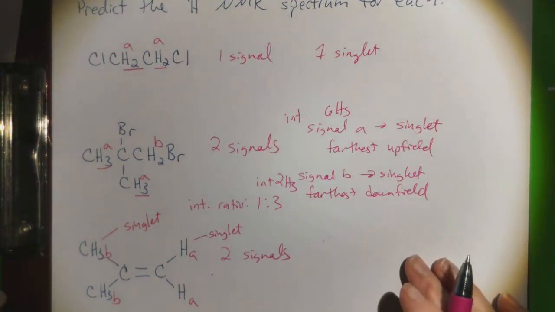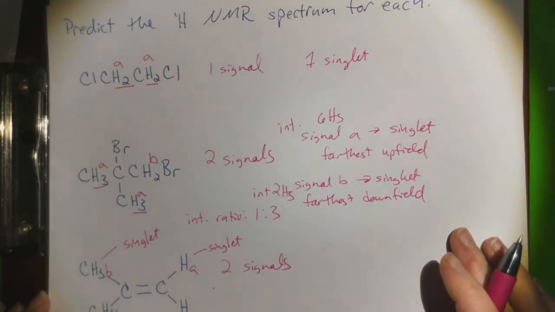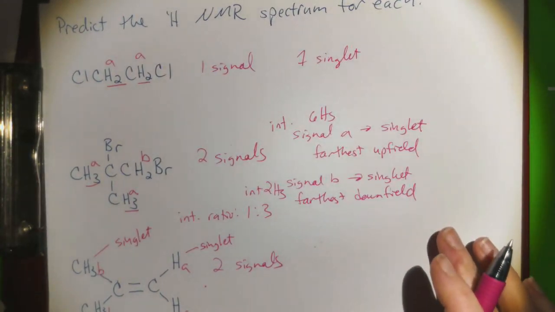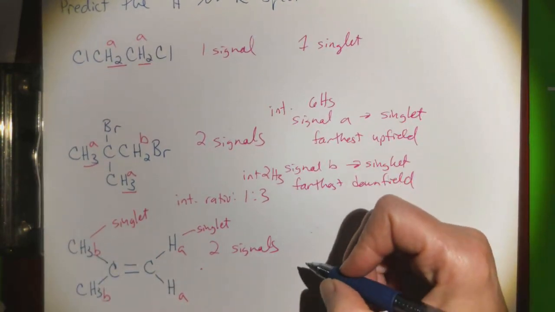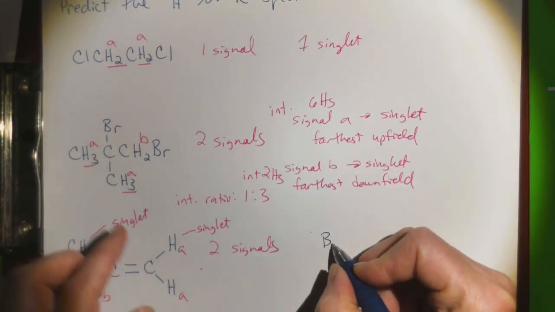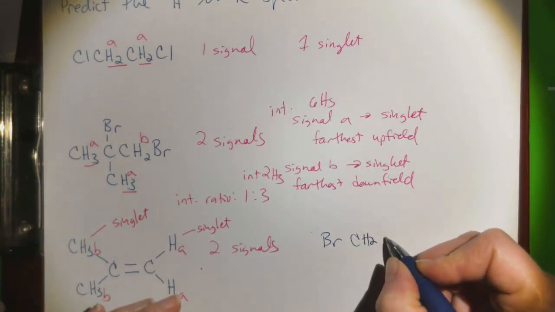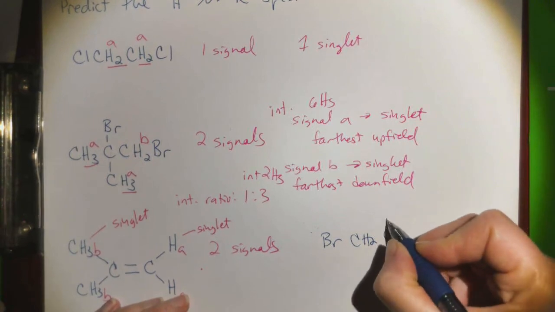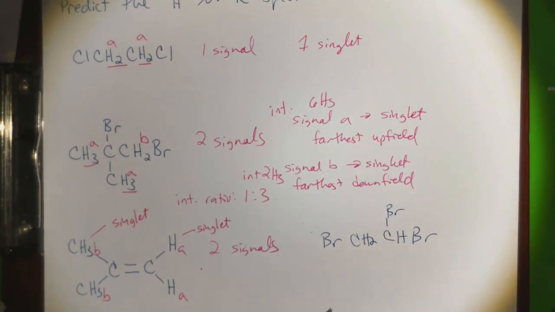Let's see if next time I can give you some more examples. Let's just do one now, let's squeeze it in here. Let's change this and make this BrCH2. Let's have the neighbor CHBr2. Did we already do this one? I don't remember.